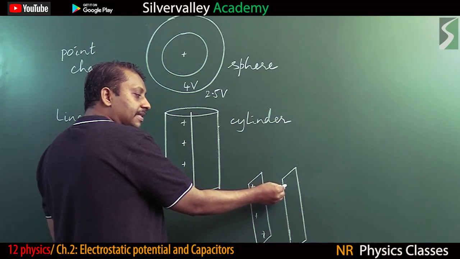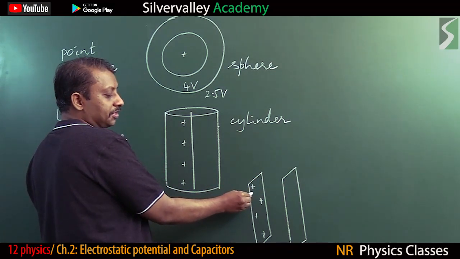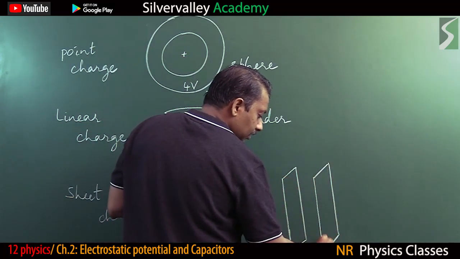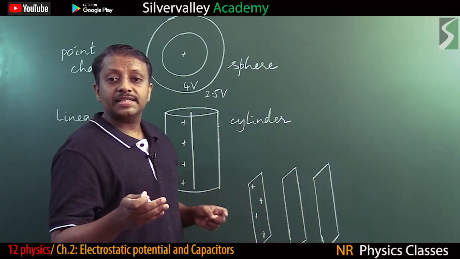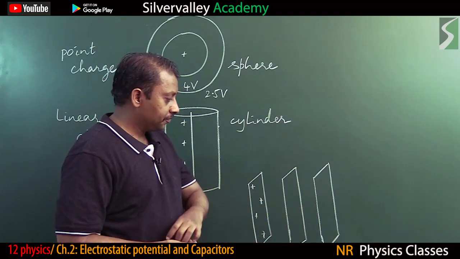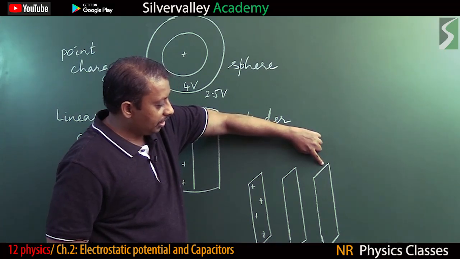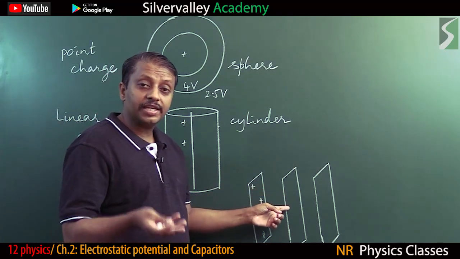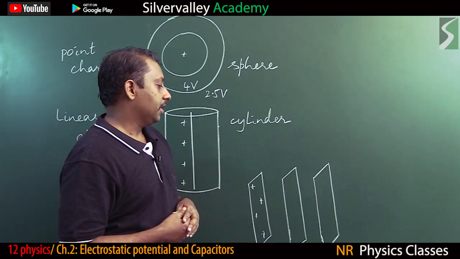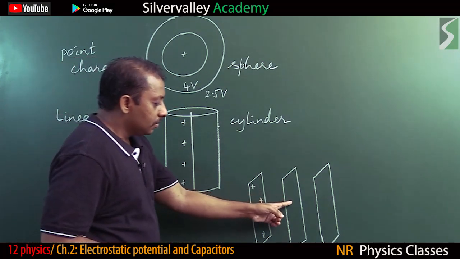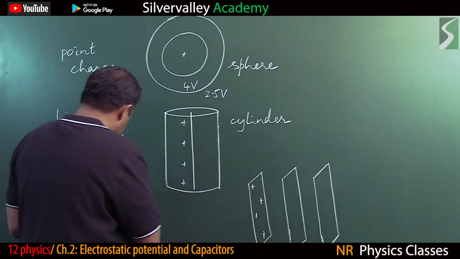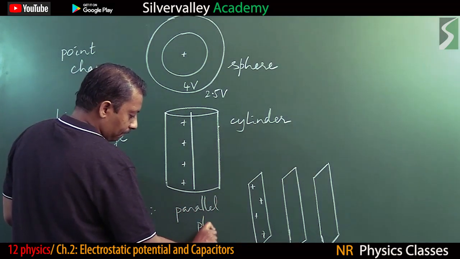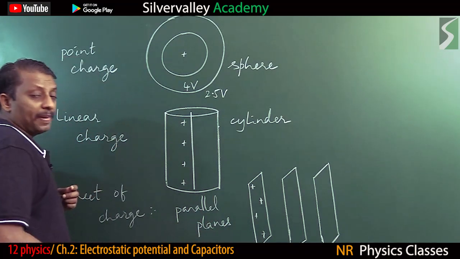So this plane is an equipotential surface due to this sheet of charge. Consider another plane parallel to this. This is one more equipotential surface, and as distance increases, potential decreases. Therefore, potential of this should be less than potential of this. The one which is closer to the charge should be at higher potential. Okay, right? So parallel planes due to a sheet of charge.